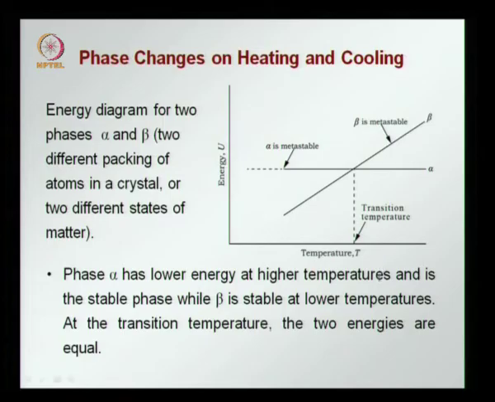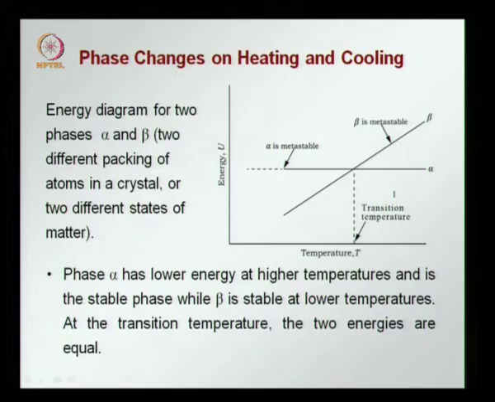Say this could be two different packings of atoms in a crystal or two different states of matter. We have here the energy for alpha as a function of temperature, and this line is how the energy will change as a function of temperature for beta.